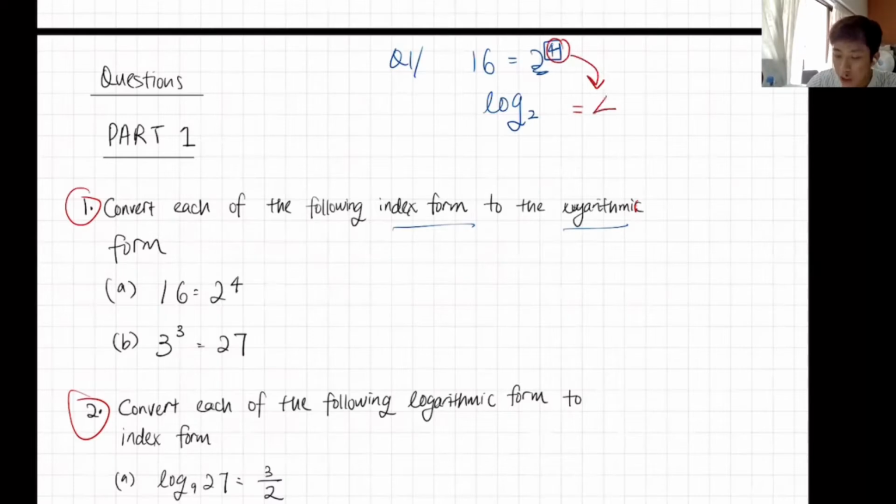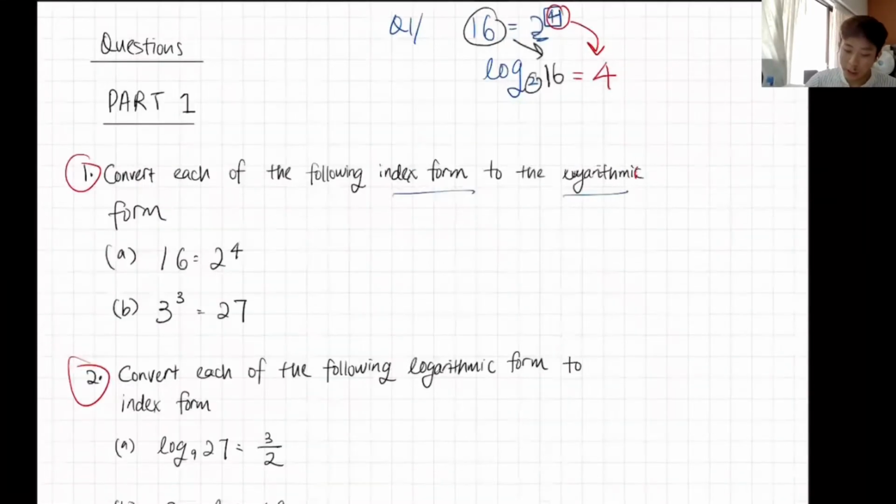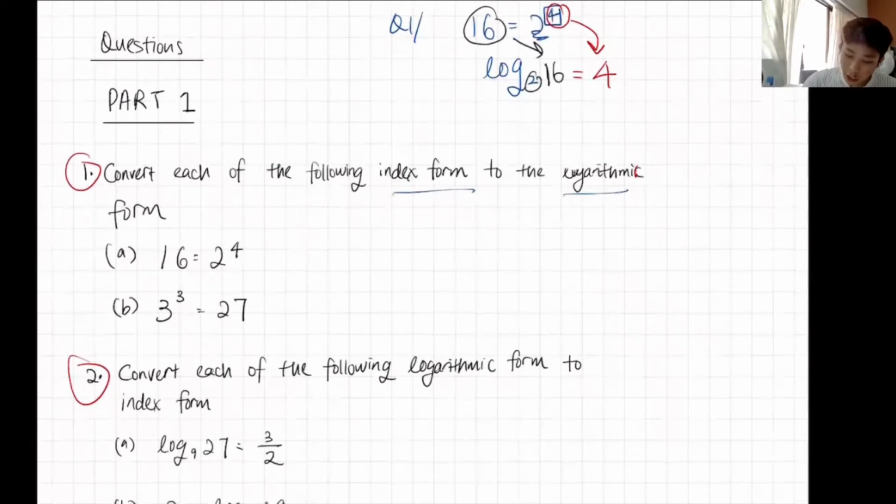So the 4 will sit on the right-hand side. Then what is the third number that we haven't written down? 16, so 16 will come here. You see how I do it? Do the base first, do the answer first, then write the third thing. Automatically, it will fill in by itself. This is question A.